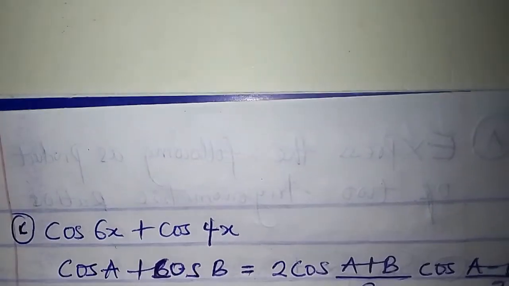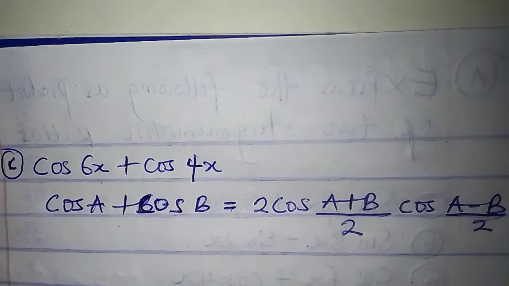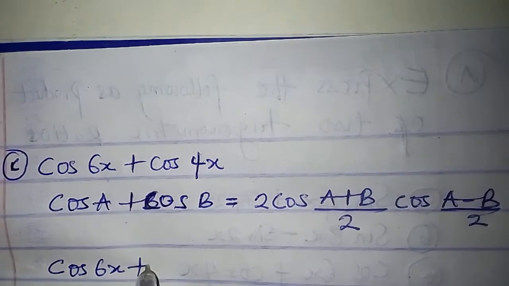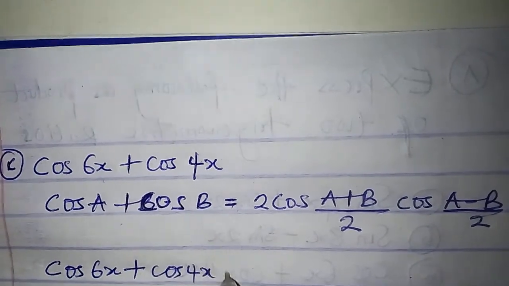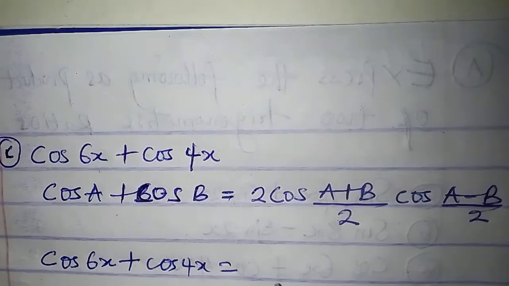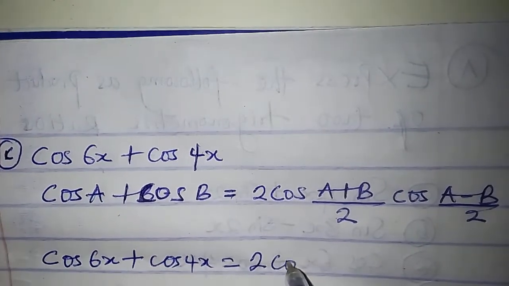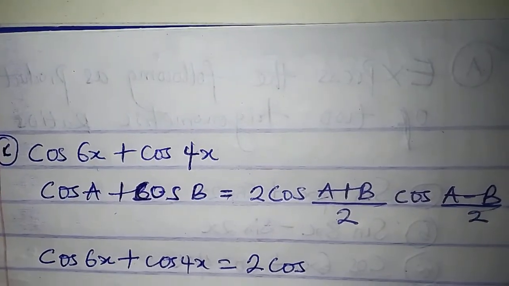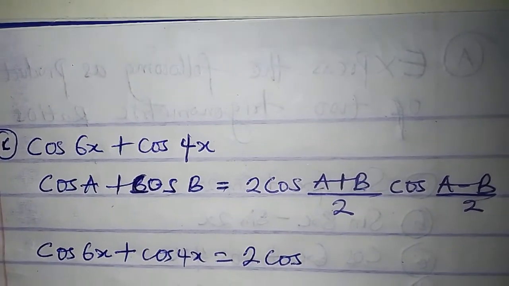The next one says cos 6x plus cos 4x. So using this product formula, cos 6x plus cos 4x will be this. 2 cos, A is 6x, B is 4x. So let's just do it in one step.